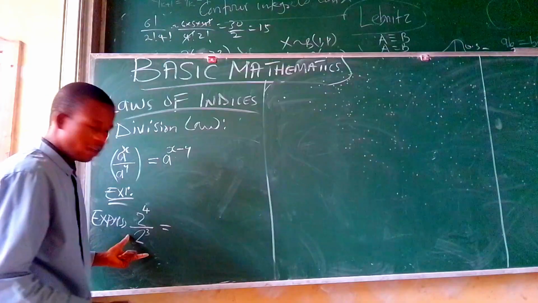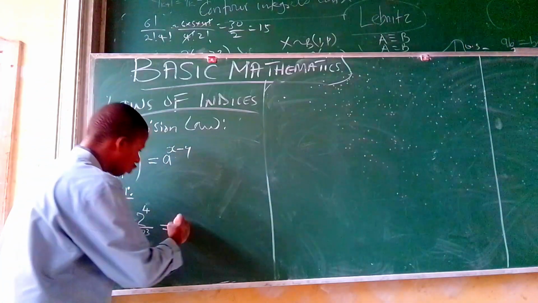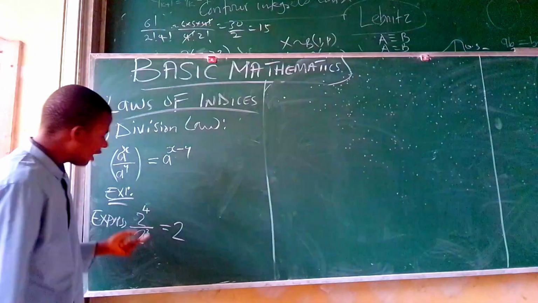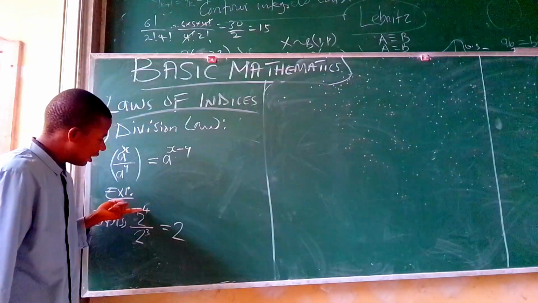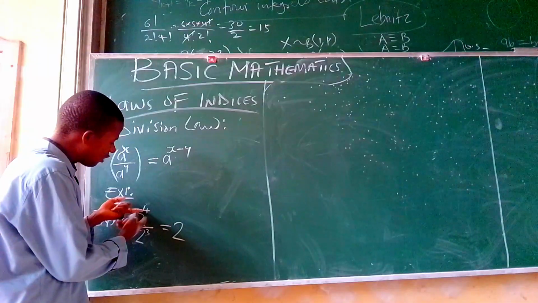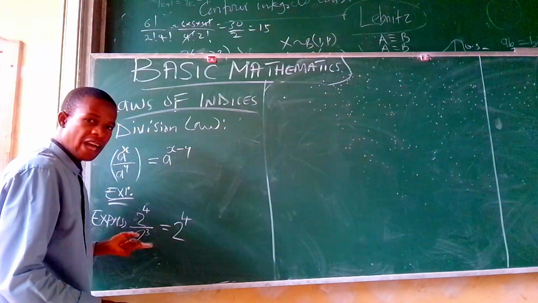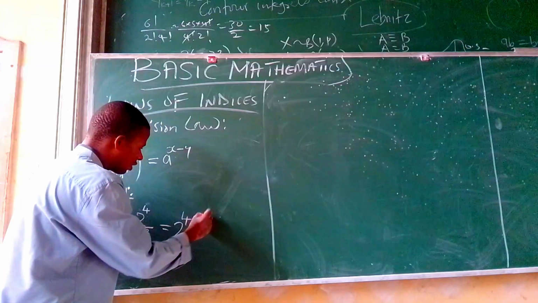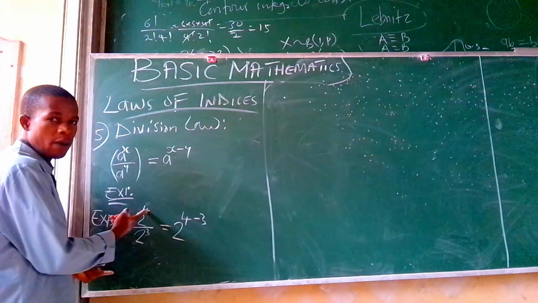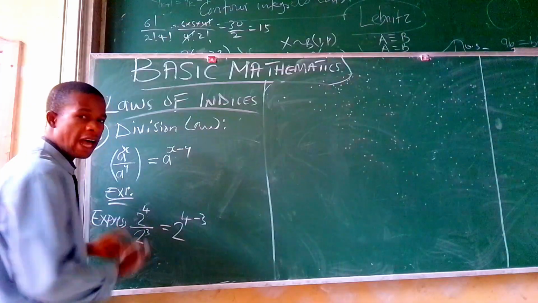Since they have the same base, by law of division, we take only one of the base, which is 2. Now we subtract the power of the first base, which is 4, minus 3, the power of the downside. We subtract the power of the down one from the up one.